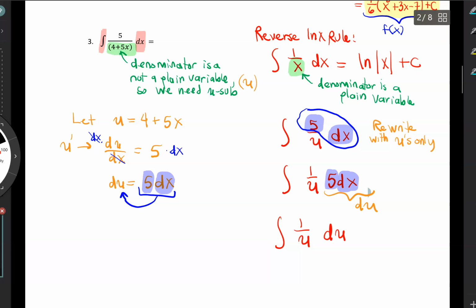So let's make sure everything is on track here. This fits the reverse ln of x rule. My denominator is a plain variable.